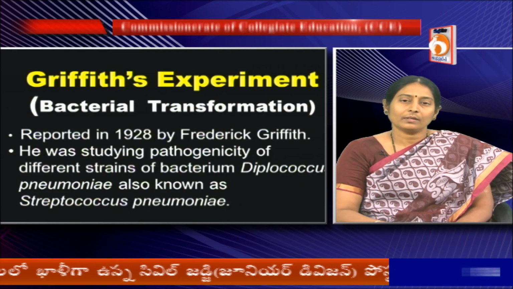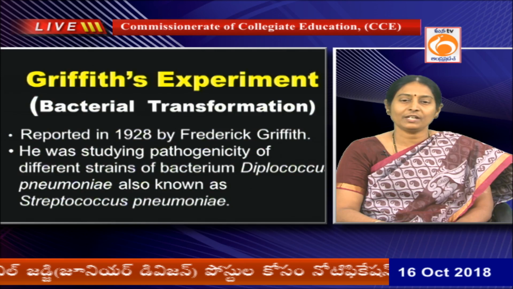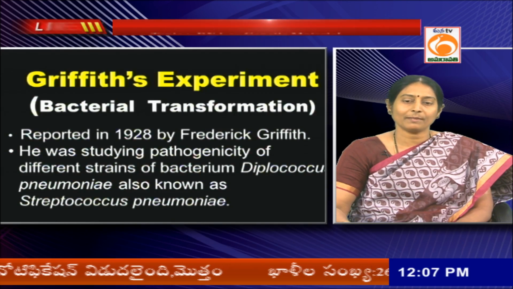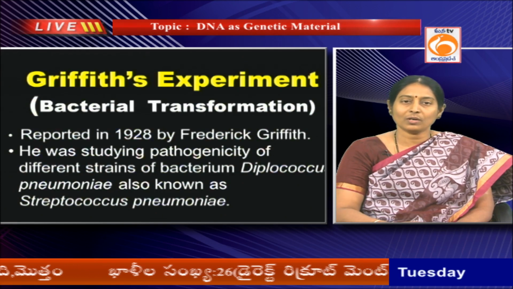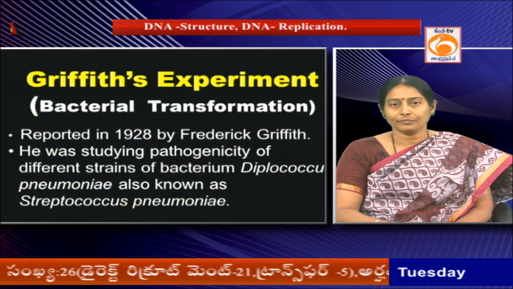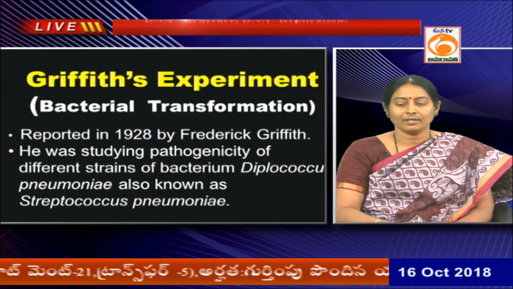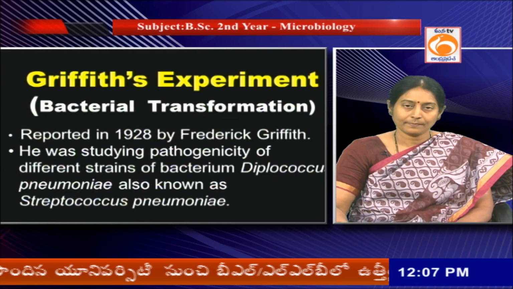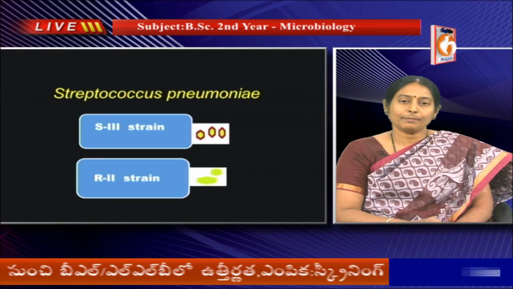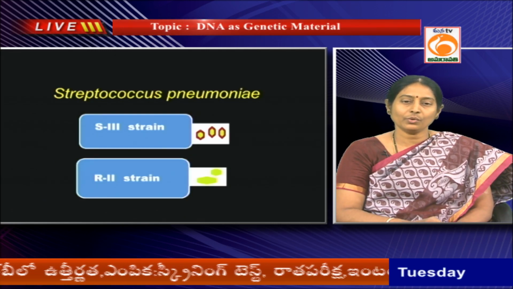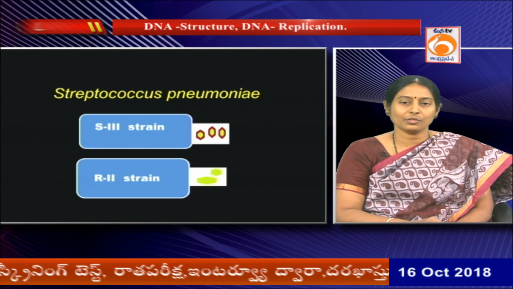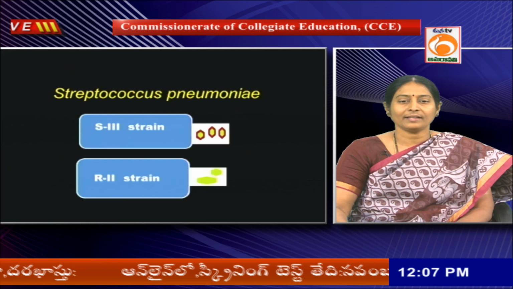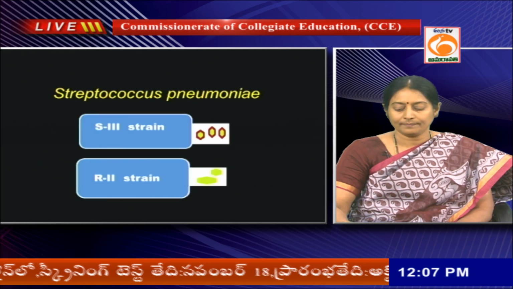In the process of identification of DNA as the genetic material, Griffith conducted experiments on Diplococcus pneumoniae, a bacterium which causes pneumonia, and this is also known as Streptococcus pneumoniae. In his experiments, Griffith used two strains of Streptococcus pneumoniae. One is called the S3 strain and the second one is the R2 strain.